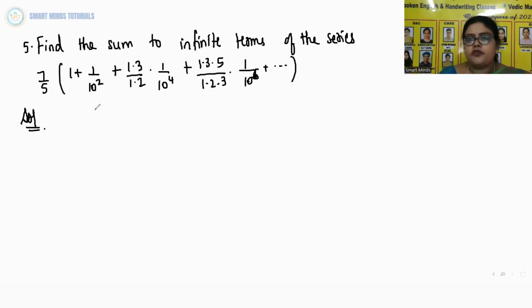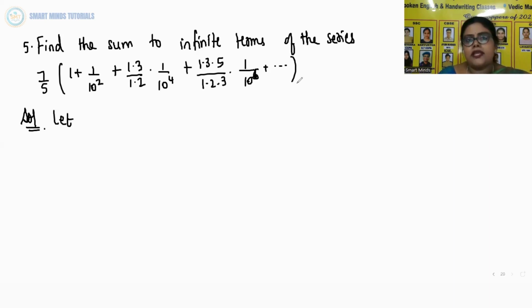Now take this question. Find the sum to infinite terms of the series 7 by 5 into 1 plus 1 by 10 square plus 1 into 3 by 1 into 2 into 1 by 10 power 4 plus 1 into 3 into 5 by 1 into 2 into 3 into 1 by 10 power 6 plus so on.